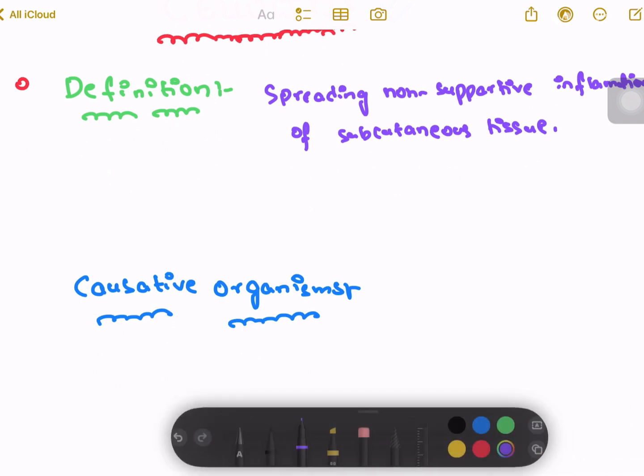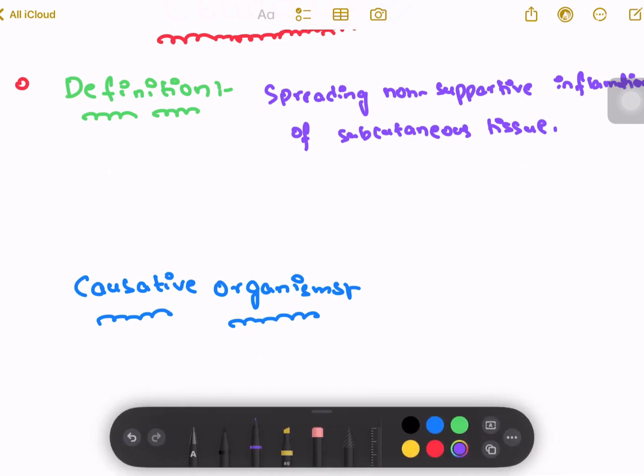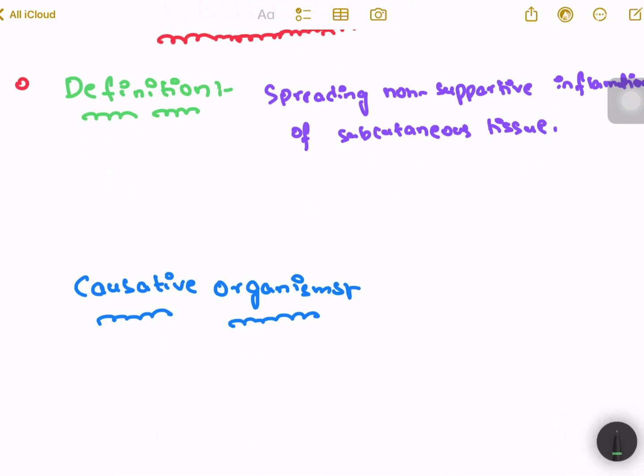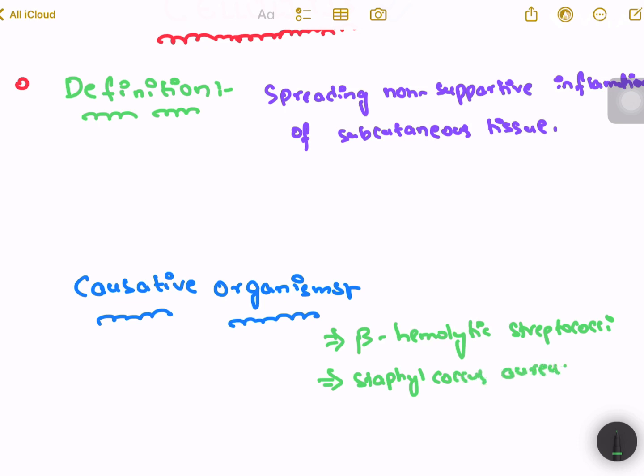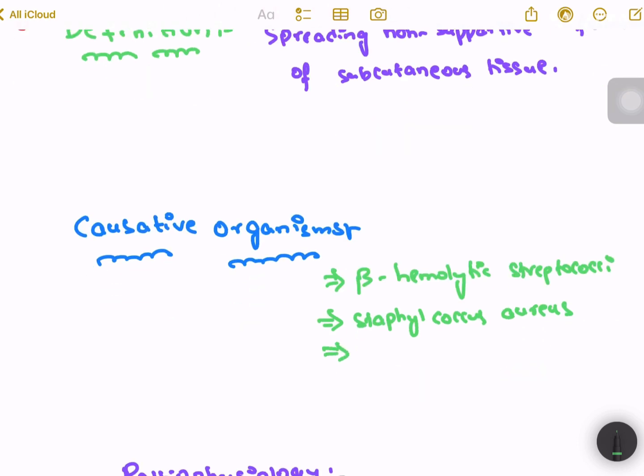So what are the organisms causing it? We'll see. The most common organism causing it is beta hemolytic streptococcus. Other organisms are Staphylococcus aureus or Clostridium perfringens.